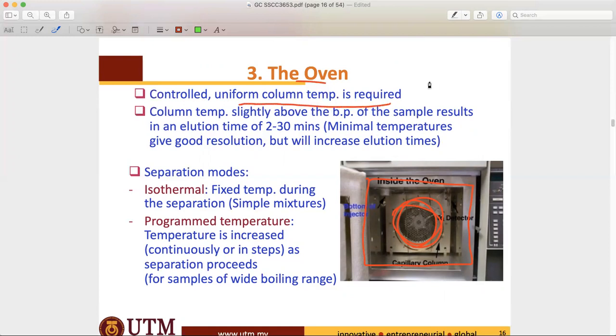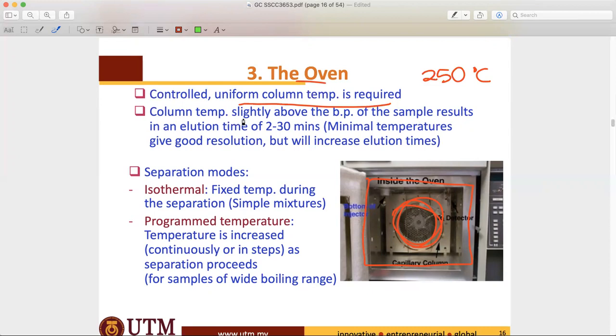This means that whenever you set the column, for example, you need to set the oven temperature to be, for example, 250 Celsius. This temperature needs to be controlled and uniform across the duration of the analysis.